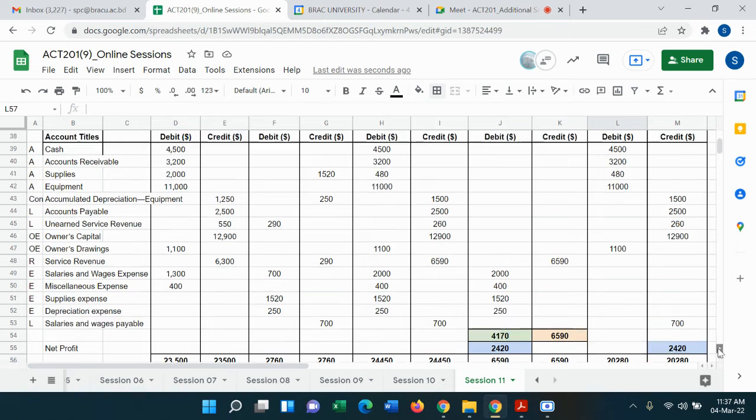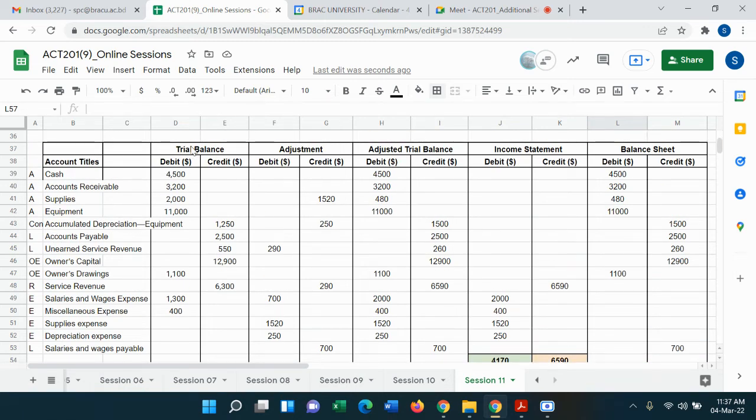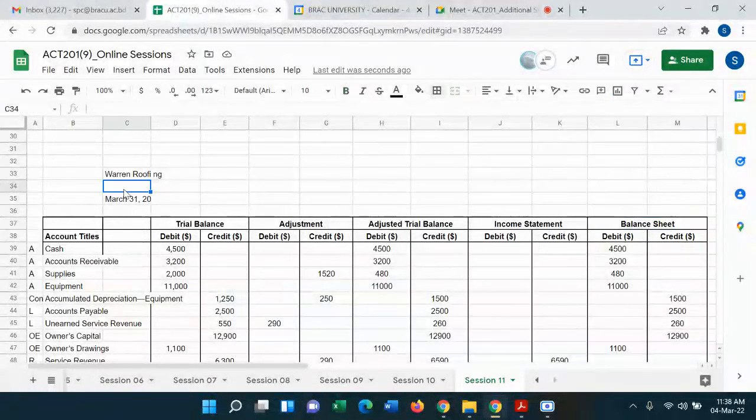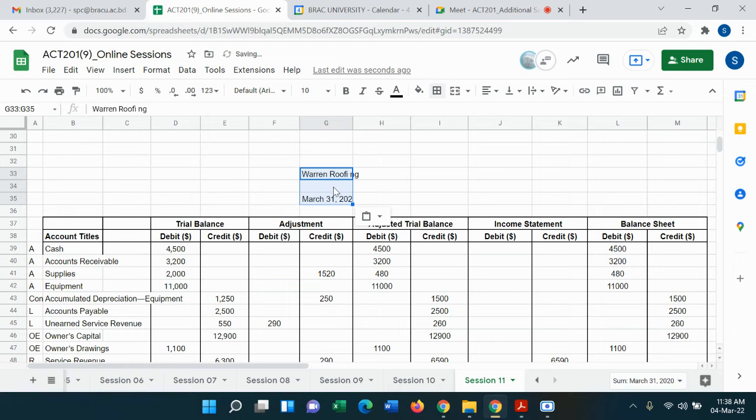So that's how we can show all the activities from trial balance to balance sheet: trial balance, adjustment, adjusted trial balance, and summarized financial statements, considering the income statement and balance sheet in a single statement. And this single statement is known as a worksheet.